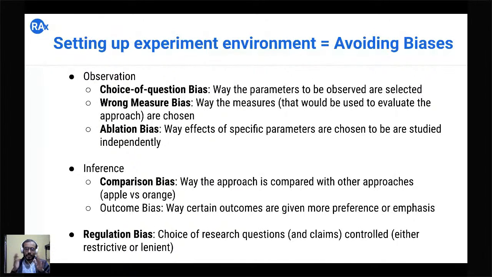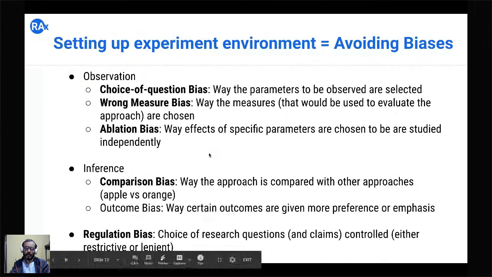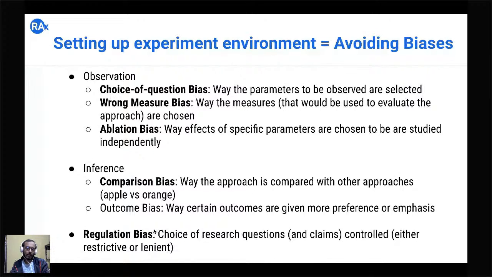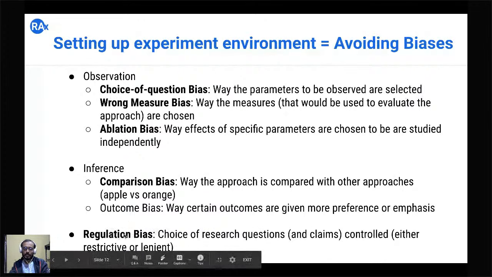And the body just lets that go, right? So it can be problematic either way. It can be problematic in the restrictive sense. It can also be problematic in the lenient sense, right? So that's a kind of regulation bias that can happen, but that's not some kind of a bias that you have control of. So that's why I've kept it separately.